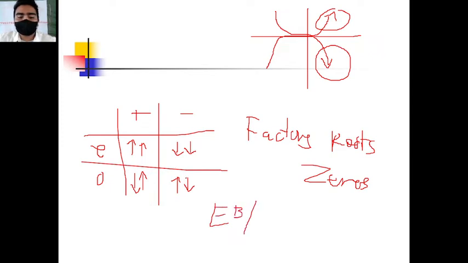Okay. Next is the zeros and multiplicity. Multiplicity. Okay. All right.